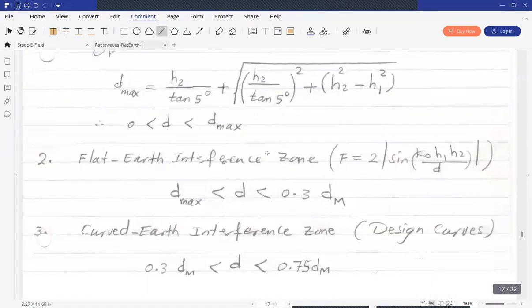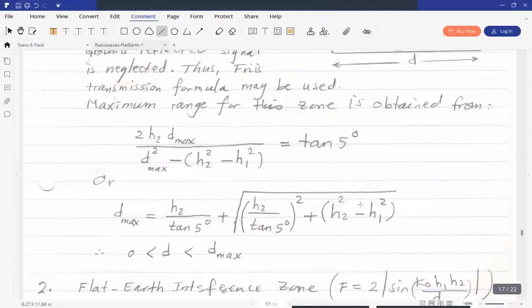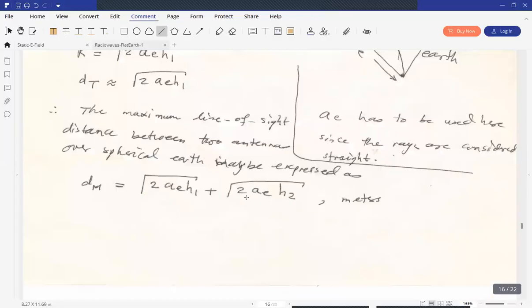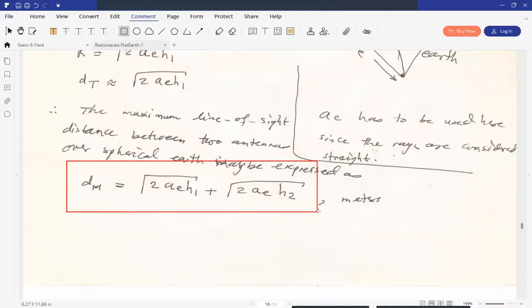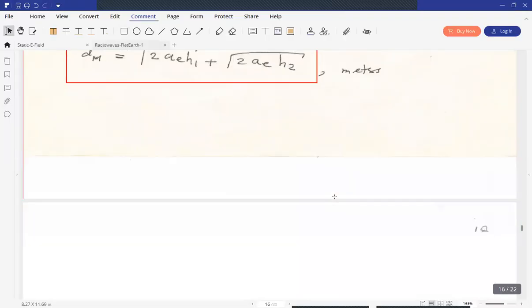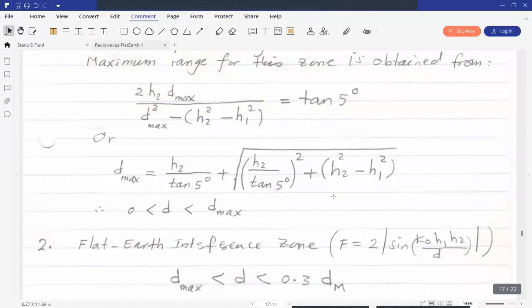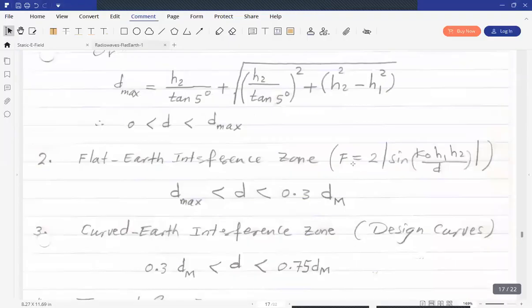Now, if the distance you calculate is greater than d max and less than 0.3 dm, where you calculate dm from here, this is dm, if the distance is within this range, we use the flat earth equation, which is twice sine of k naught h1 h2 over d, under absolute value.